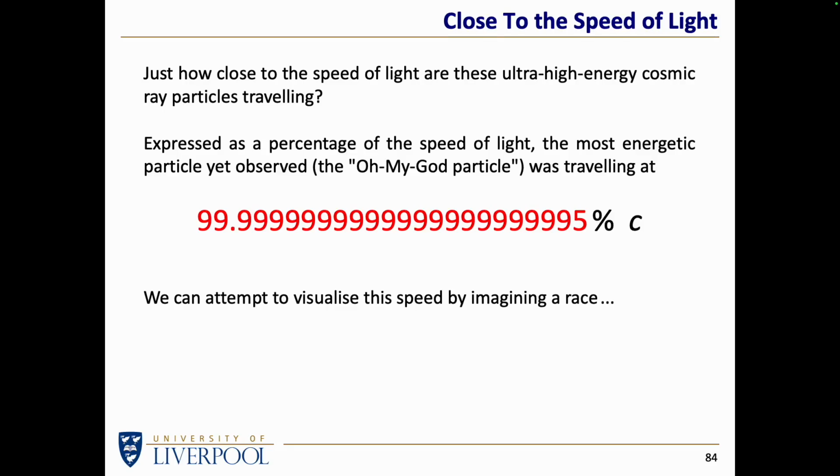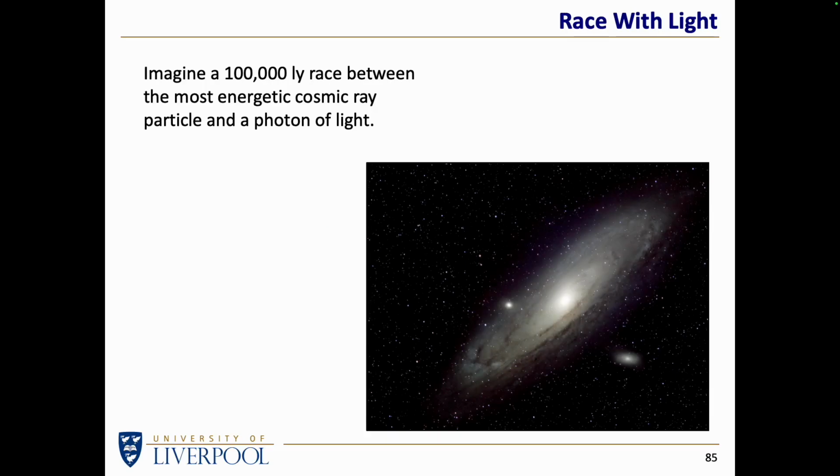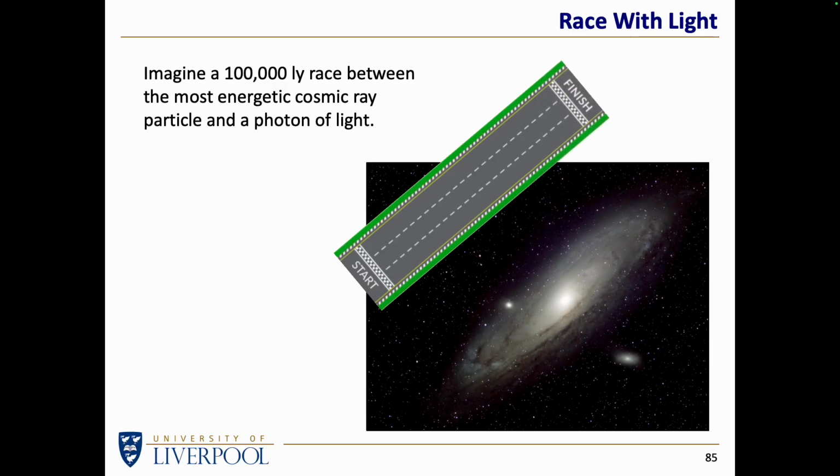So some way of putting a little bit of perspective on that is to say, hypothetically, let's imagine that in a perfect vacuum, we had a race between this most energetic cosmic ray and a photon of light. Let's imagine a 100,000 light-year racetrack. We are going to start this cosmic ray and a photon of light at exactly the same time, and they are going to race 100,000 light years.